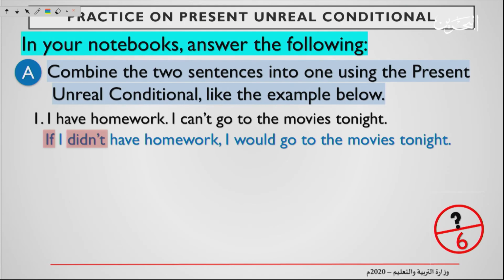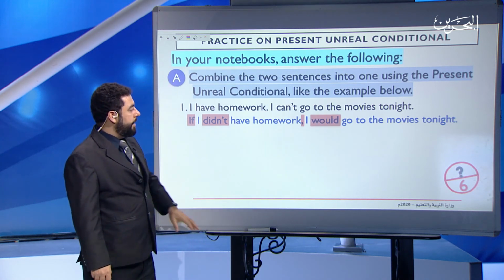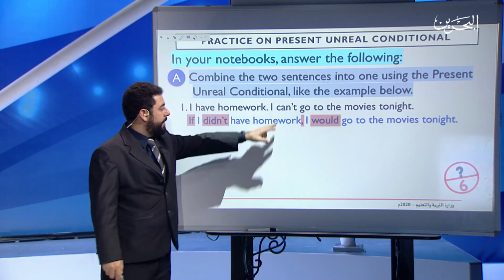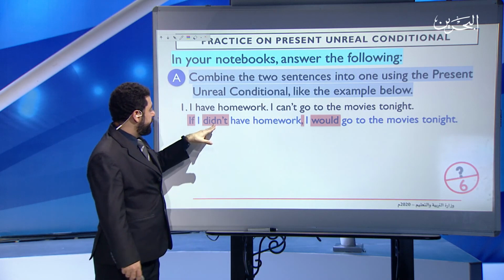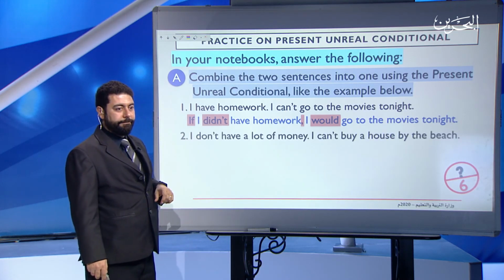So I have homework, I said, if I didn't have homework, I made it negative to make it conditional. And then I added a comma instead of the full stop. And I added the modal would instead of can't. So because of the negativity, the negative changed into this. So this is how I changed it.